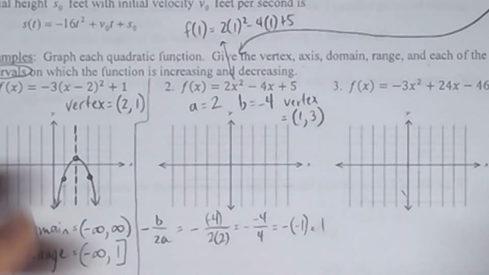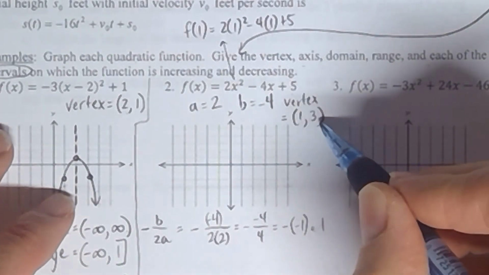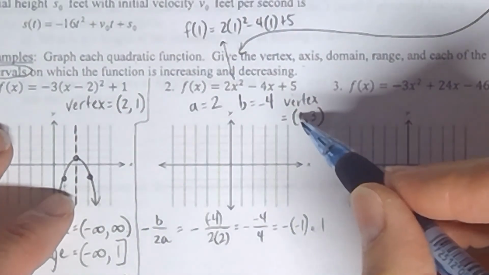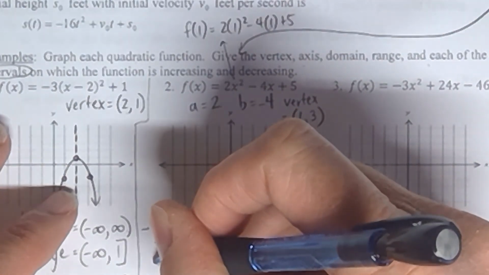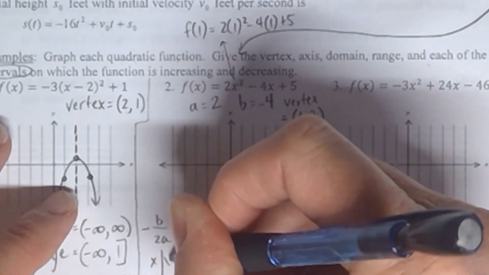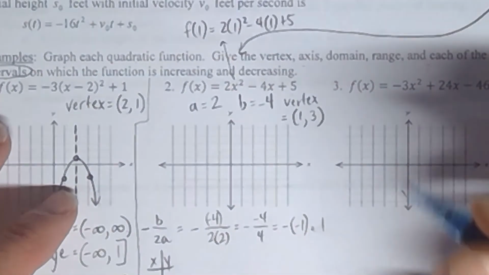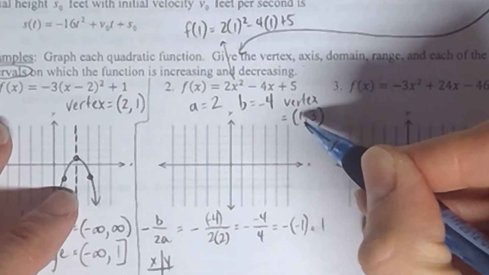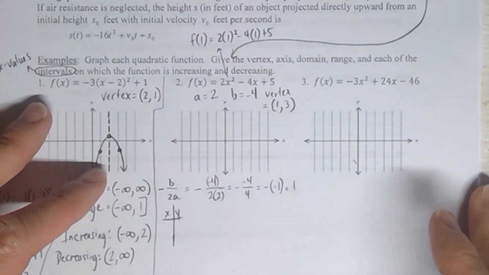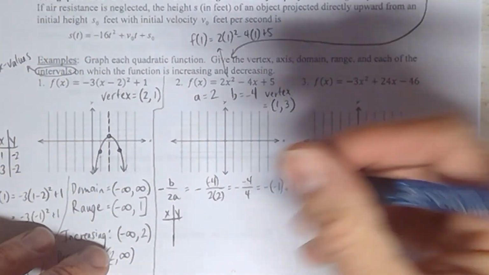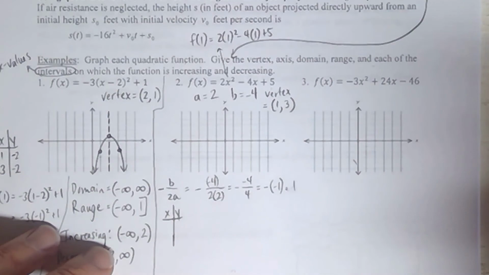And so the vertex, now we have the whole thing, 1 and 3. Once we got that, then just like I told you in the previous problem, because the x part of the vertex is equal to 1, you just need to plug in a number on each side of 1, and the same distance away, preferably, so that you only have to calculate it once.